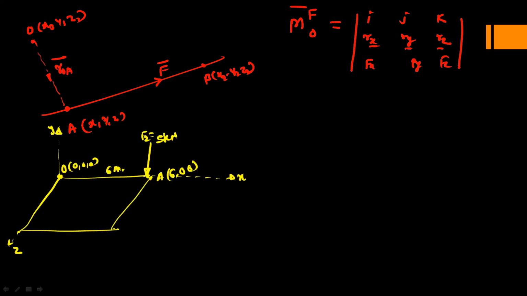Now here the position vector will be, so this is the position vector which is R OA. So this position vector we can find out. This is equal to, as R OA, that means it is 0 minus 6.